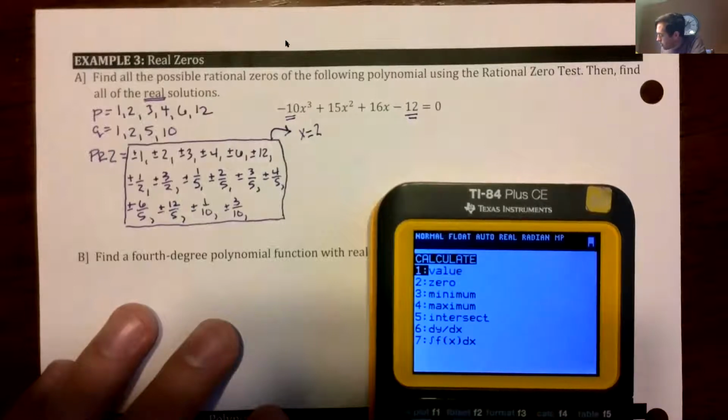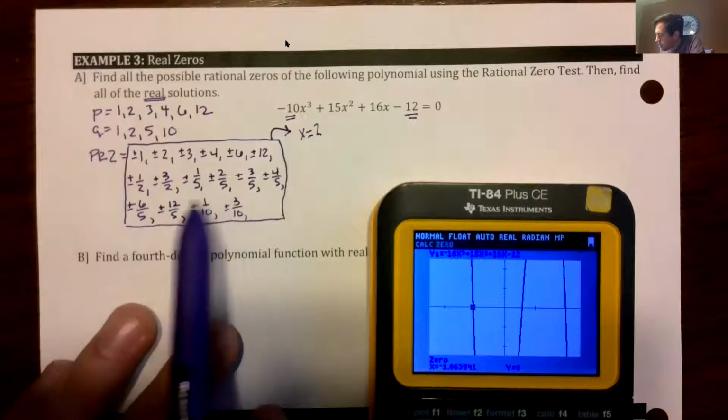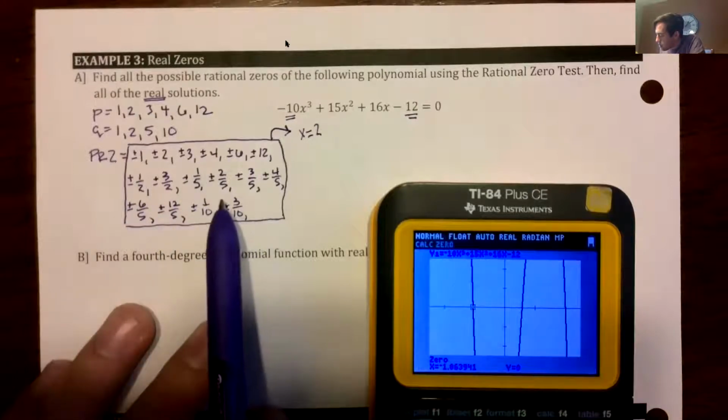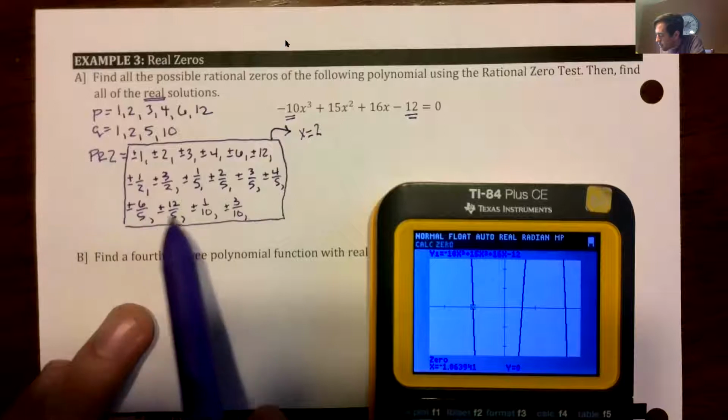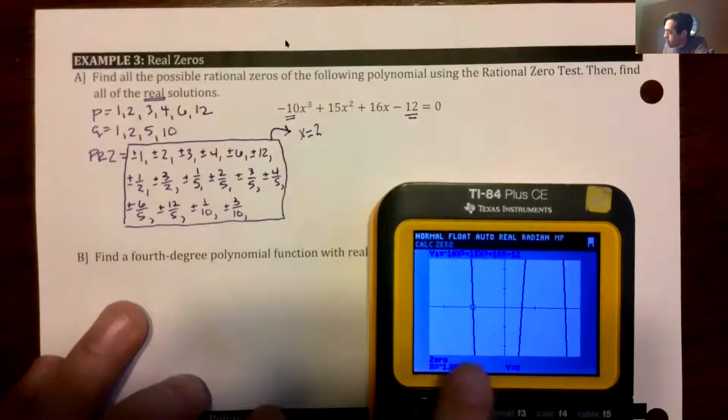Let's see if we can figure out if it's on our list. Okay, I'm going a little bit to the left and a little bit to the right of it. Negative 1.06. Yeah, the tiniest slice or fraction that I have is a 1/10. So that's definitely not, that's smaller than a 1/10, lower than negative 1.